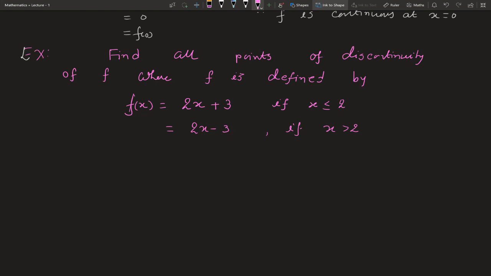Again, example is find all points of discontinuity of f where f is defined by.